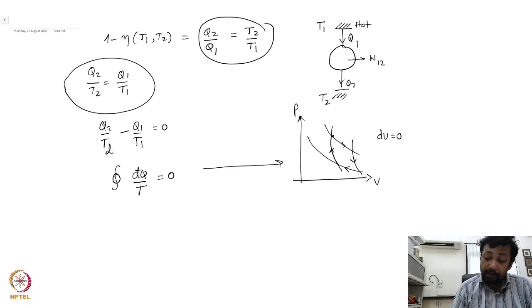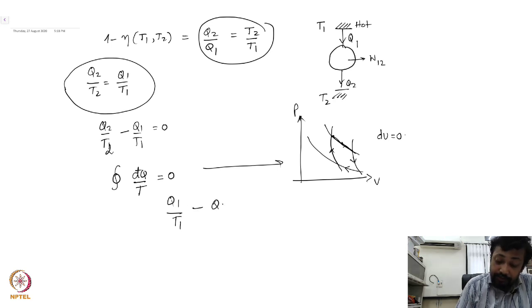The heat has taken place only at constant temperature, so it only happens over here. Therefore, I will have Q1 and the temperature is constant. But here heat has been dumped. Energy added to the system is positive, energy dumped from the system, taken out, is negative.